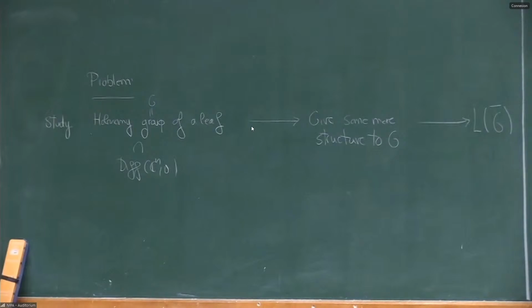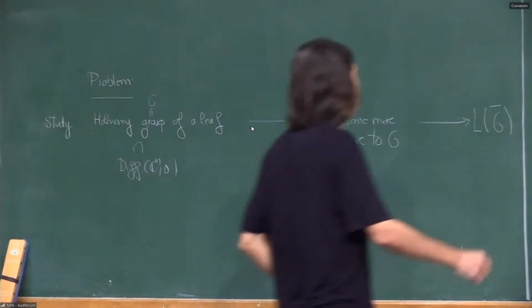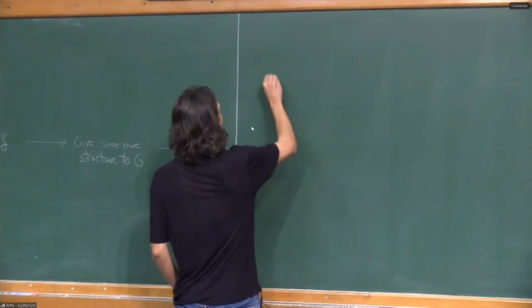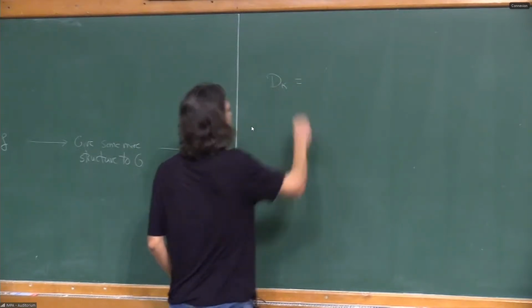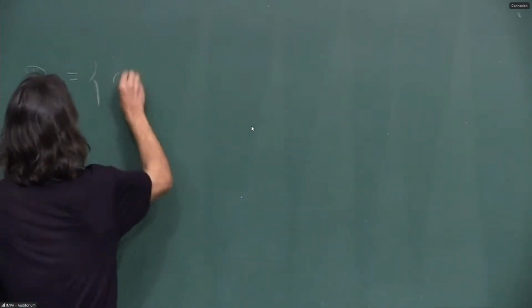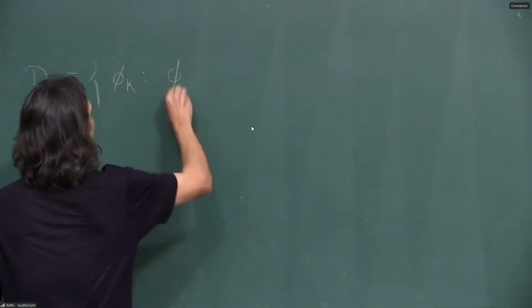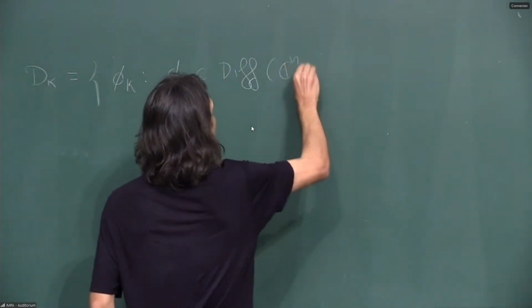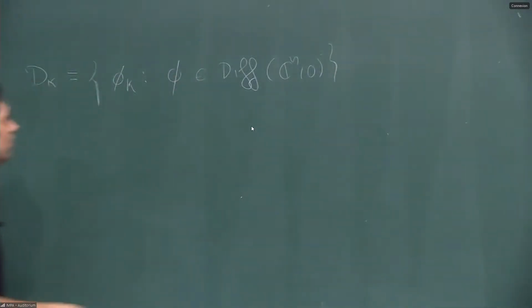Okay, the last day, or the first day, I was talking about this group T_k, which is, there are several ways of defining this. It is the group of k-jets of diffeomorphisms, right?